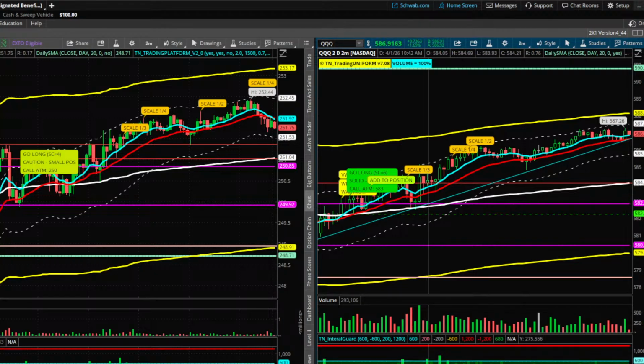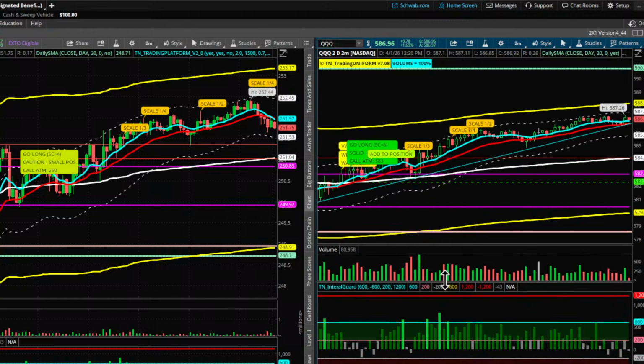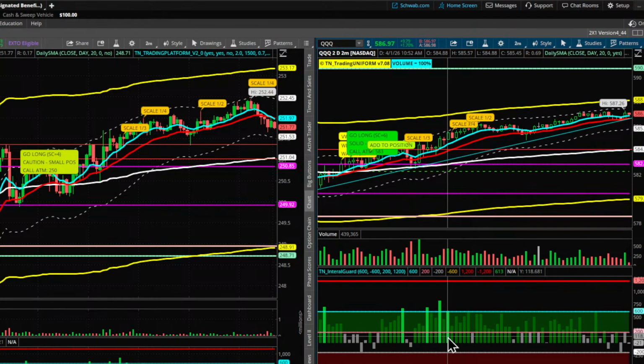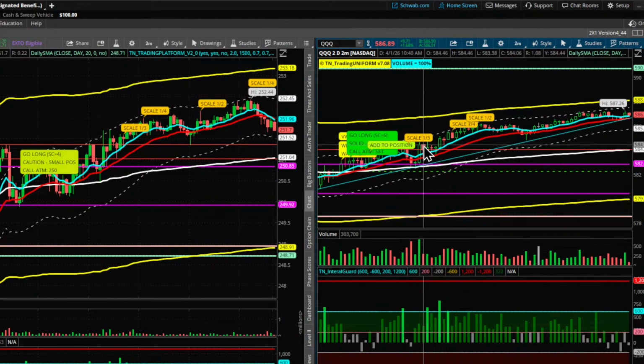I don't know if you can see this or not, but let me try to move it up again. So when you see a lot of green candles, this is the chart that shows the ratio of buying versus selling on the New York Stock Exchange. If you see a lot of green candles here, you definitely do not want to short whatever stock.